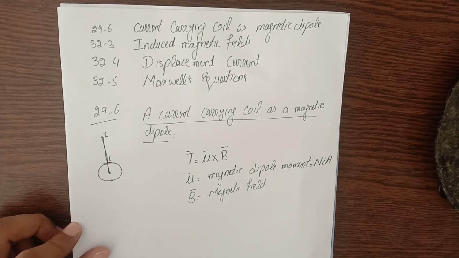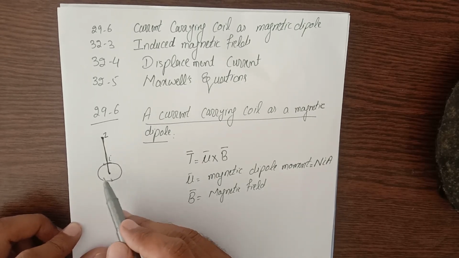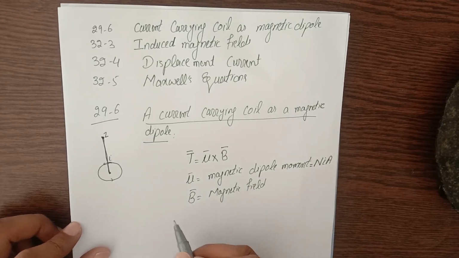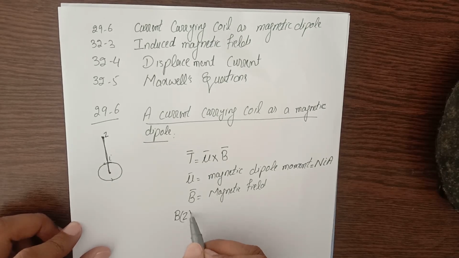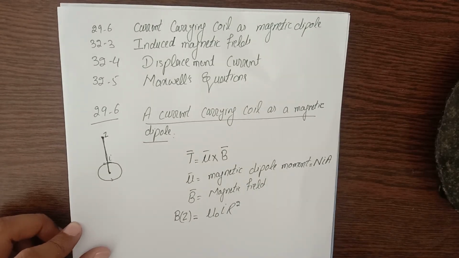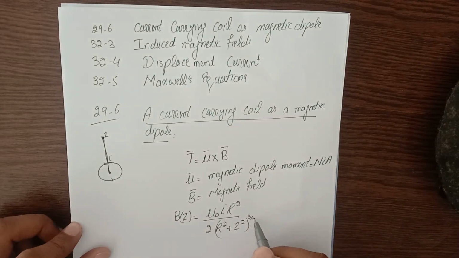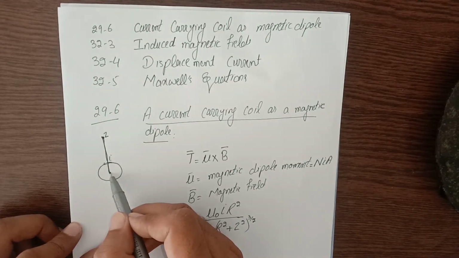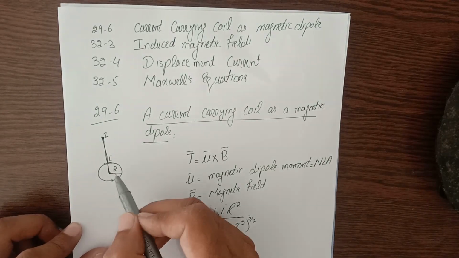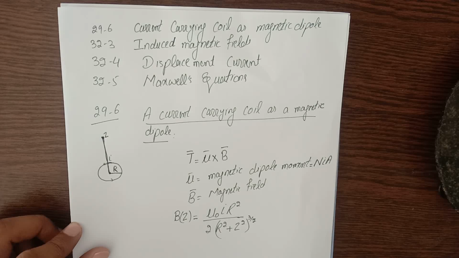So my magnetic field, which is dependent upon this distance from the center of the coil, considering a single loop of the coil, would be given as B of z equals, using Biot-Savart's law, mu naught I r square over 2 times r square plus z square raised to power 3 by 2, where this coil has radius r, and z is the distance from the center of the coil to the point of our observation.